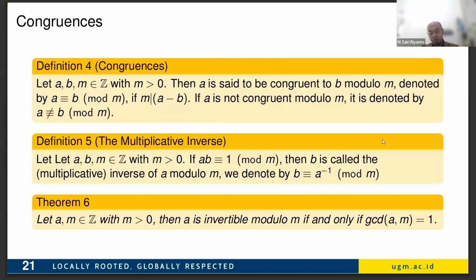And then we use some congruences. This is the definition, I think you already know. And we also use the multiplicative inverse. And we have a theorem that an integer a is invertible modulo m if and only if the GCD of a and m is 1. So a and m are relatively prime.